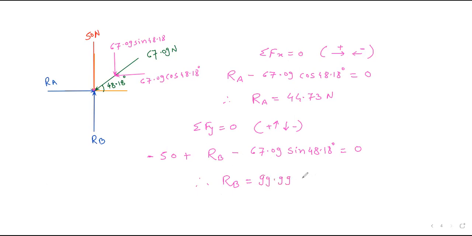So this is the answer for RB. Okay. So in this way, you can solve this numerical. So is there any problem in this numerical? What we have solved?